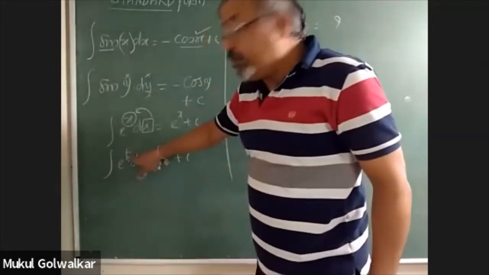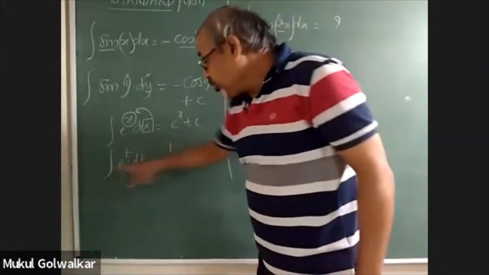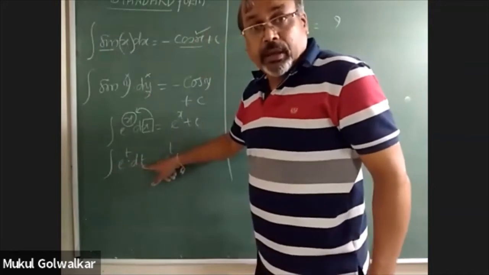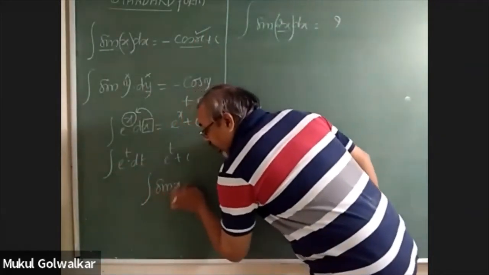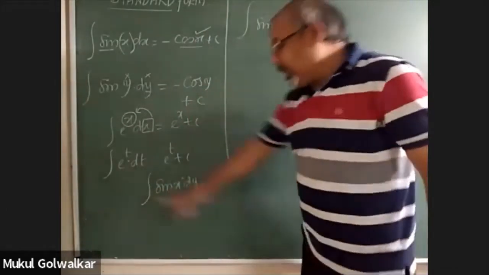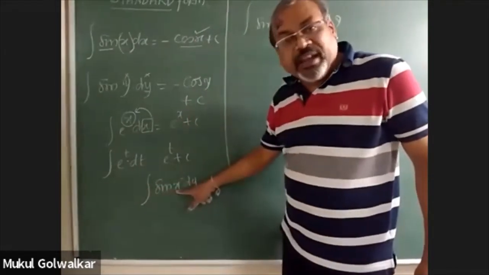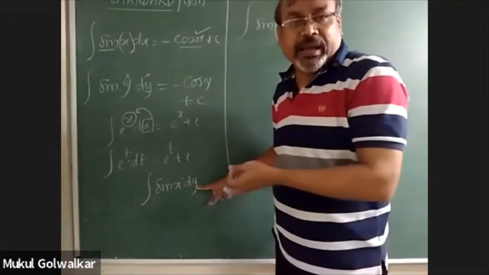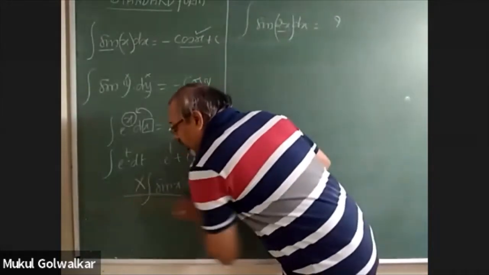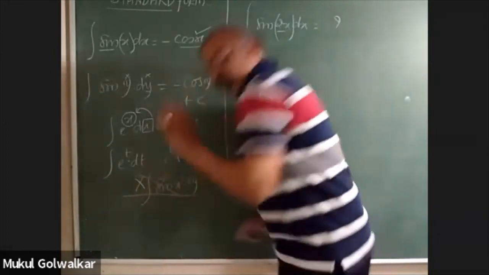If t is the variable present in the function, then integration should be done with respect to t. Under no circumstance should you write this type of quantity. That function is having the variable x, but we are attempting to integrate it with respect to some other variable y. So this type of scenario will never occur in integration.